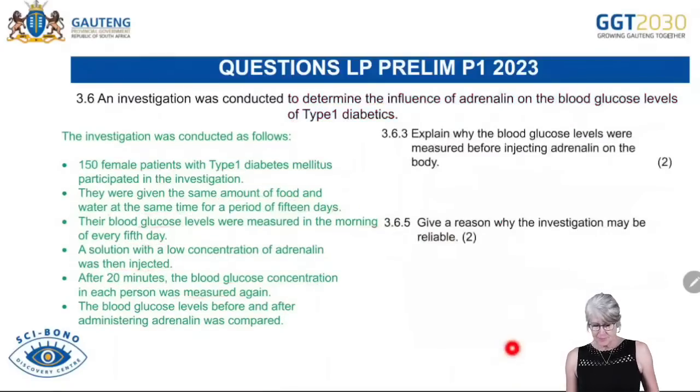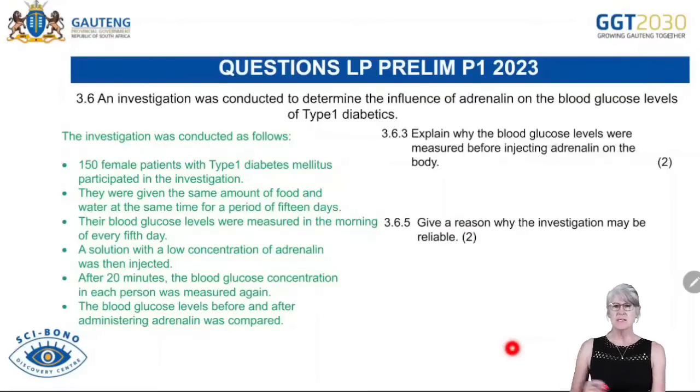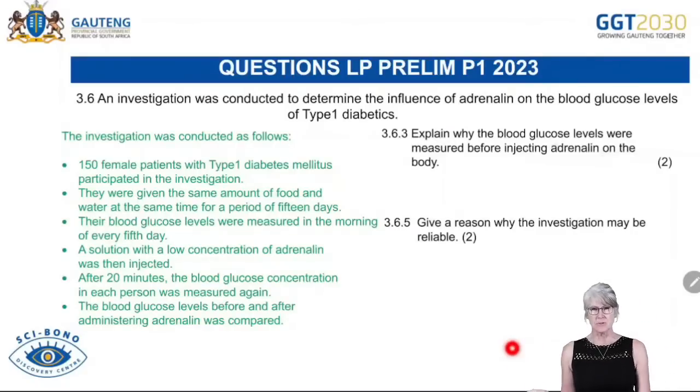All right, then the next question, they say, explain why the blood glucose levels were measured before injecting adrenaline into the body. So what they wanted to see was the effect of adrenaline on the blood glucose level. So if they don't measure the blood glucose before, they're not going to be able to see if there was any effect.